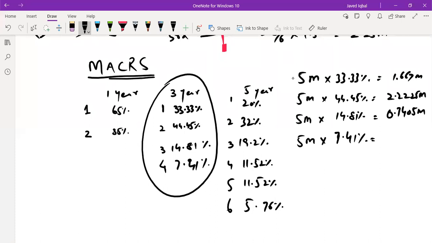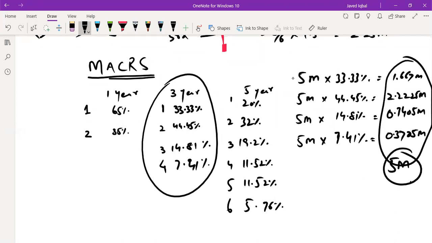In this case, it comes to be 0.3705. So all in all, this sum should become total depreciable amount 5 million, which we are depreciating.